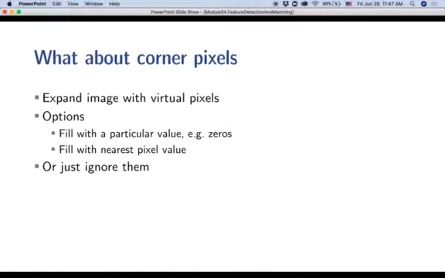Okay. So your question, what about corner pixels? Well, I could do a lot of different things. The mask will spill over outside the image on the corner pixels. I could either expand them with virtual pixels and fill them with 0, or fill them with the nearest pixel value, like 80 in that case. Or I could just ignore them.